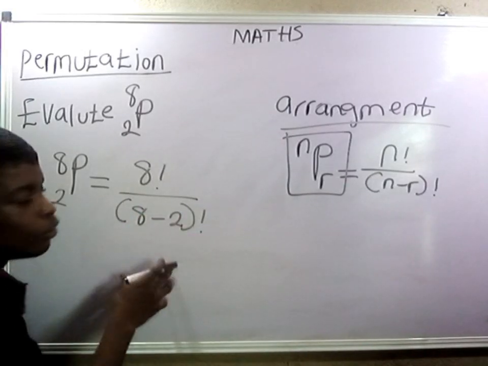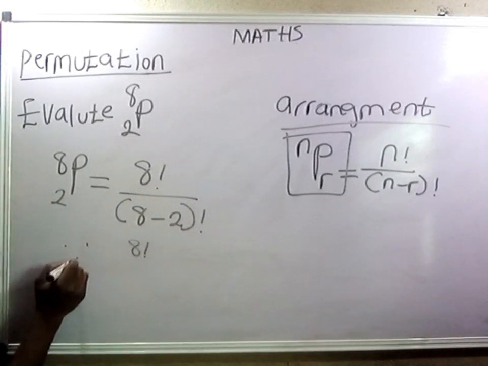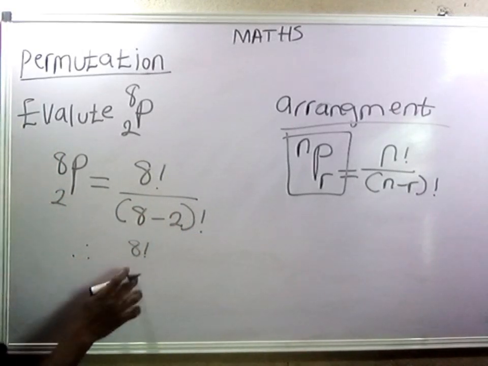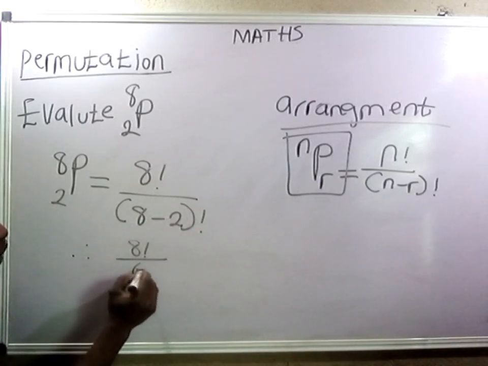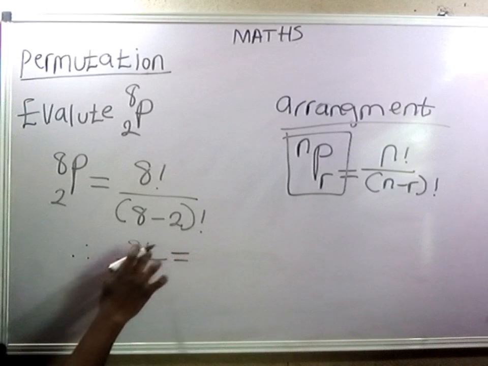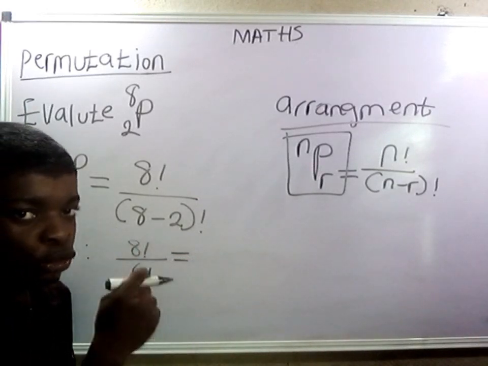So to find this, we have 8 factorial over 8 minus 2, which is 6, so 6 factorial. Consider that 8 factorial means multiply the given value backward till you get to 1, you stop.